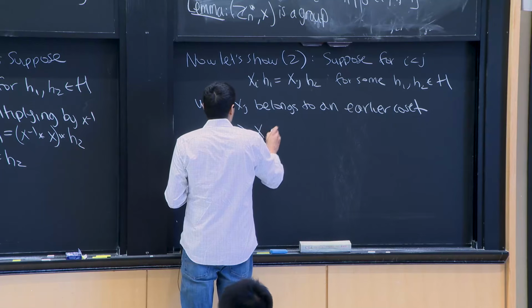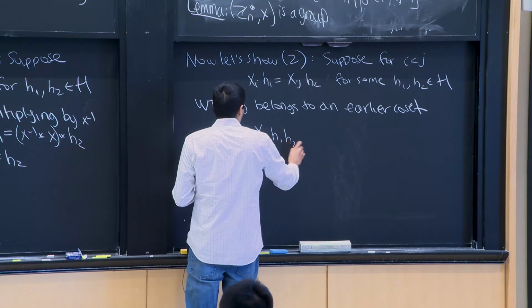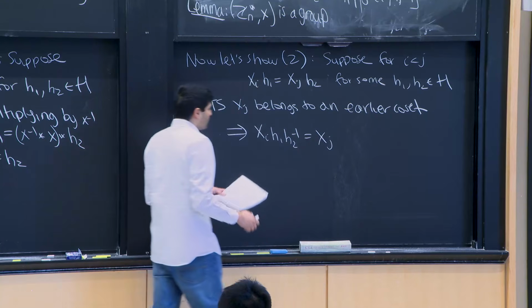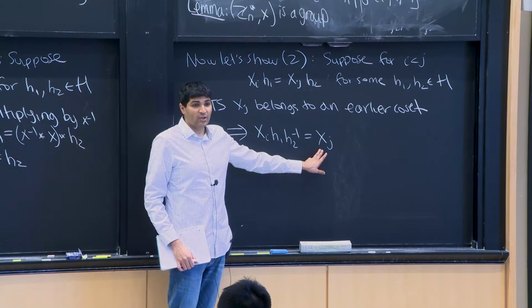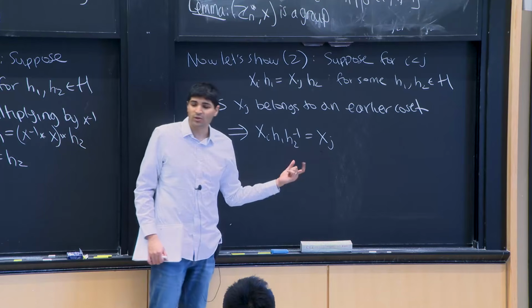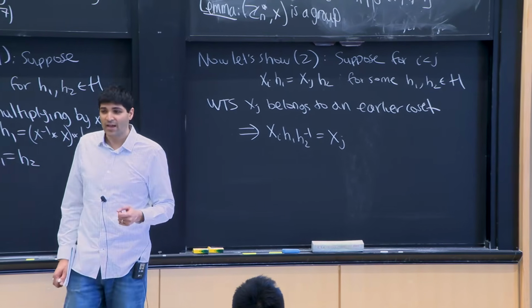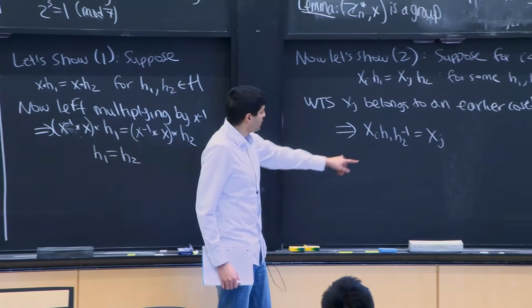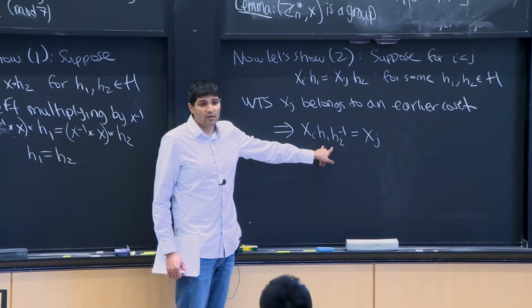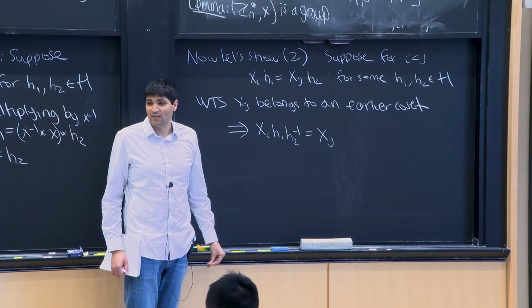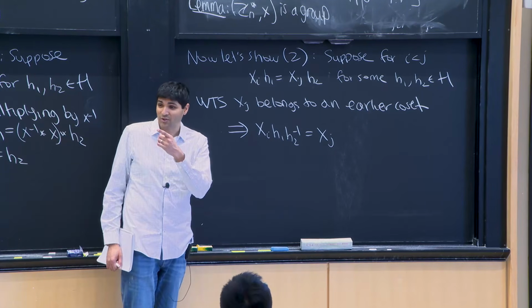So we get xi h1 h2 inverse is equal to xj. I wanted to show that xj belongs to an earlier coset. Why is this expression showing that? What can I say about the element h1 h2 inverse? Yeah, it's an element in H, right?